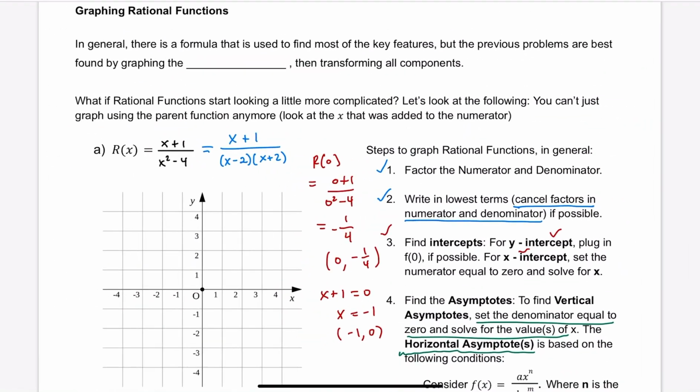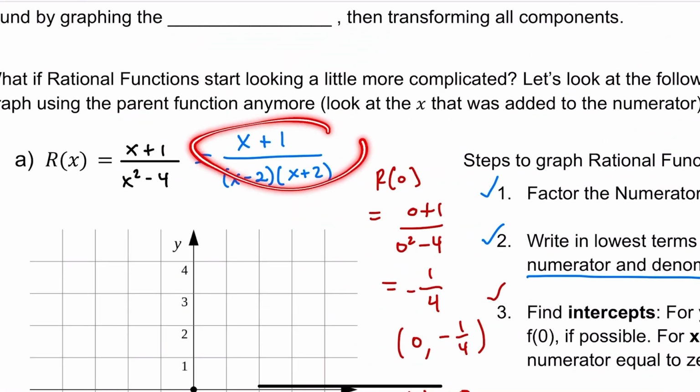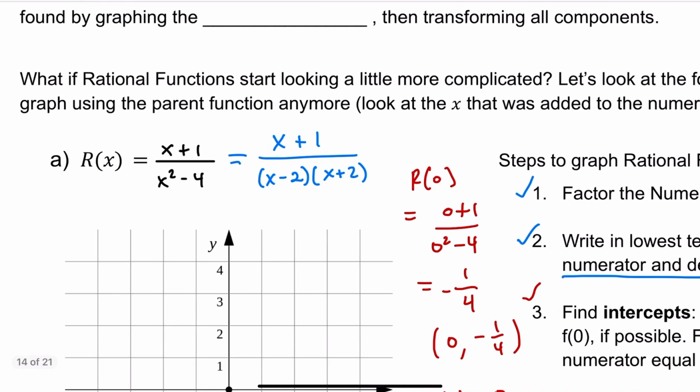So in this particular case, when it's in factor form, it's hard for you to see that, right? Like you have to be capable of counting your x's. So the numerator has 1, so that's degree 1. This bottom one has degree 2 because there's 2 x's. It's a little easier to see it when it's in standard form, meaning not factored.